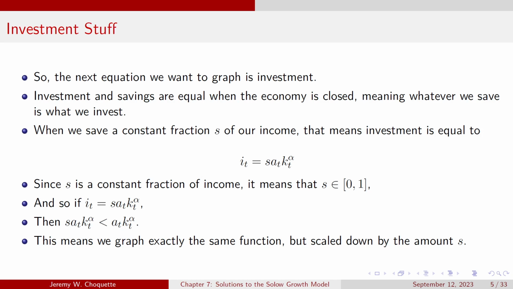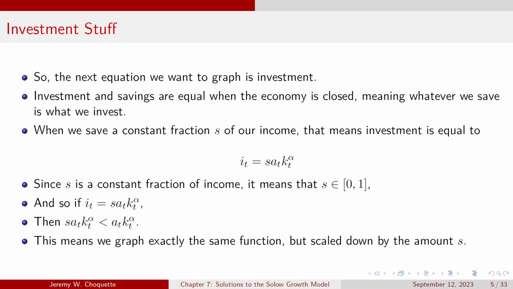So since s is a constant fraction of income, it's going to be somewhere on the 0-1 interval, inclusive. So if investment is equal to s times A times k to the alpha, then s times A times k to the alpha is going to be less than A times k to the alpha because it's scaling output down. Remember that, right?